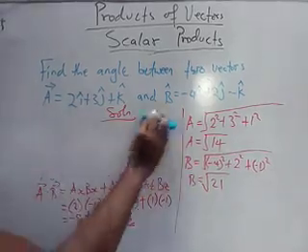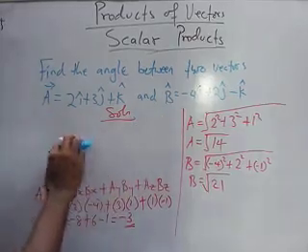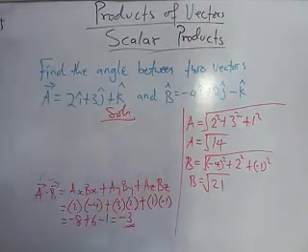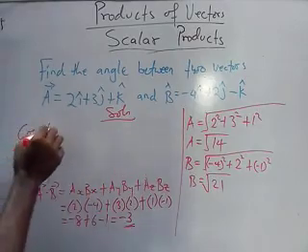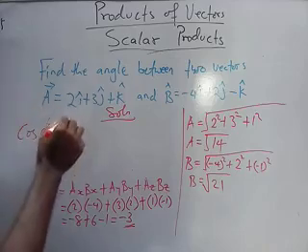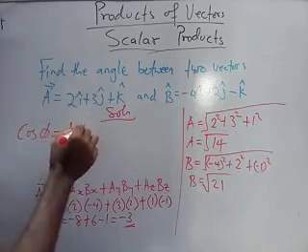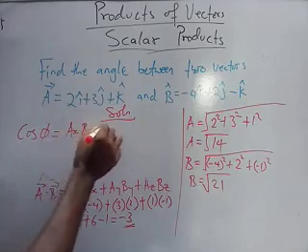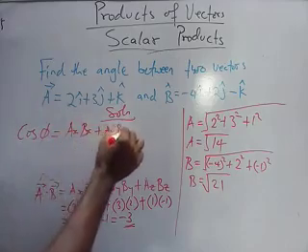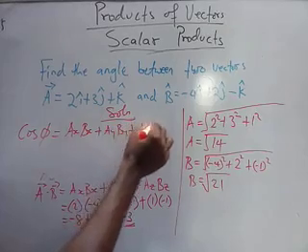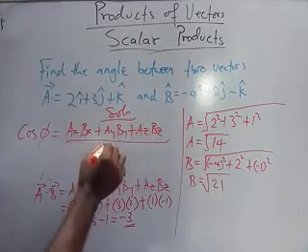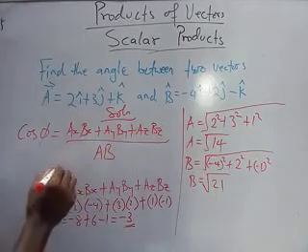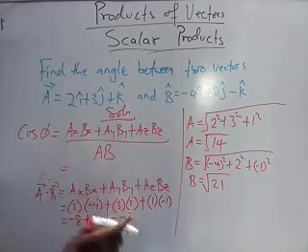Before I start solving this, I wrote on the board that cos phi is AX BX plus AY BY plus AZ BZ over AB, right? And this gave us minus 3.